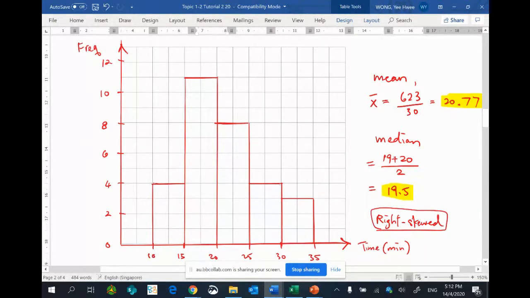The shape is right skew. Got it? Give it a minute.